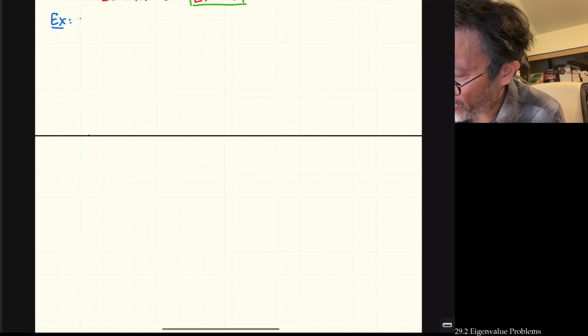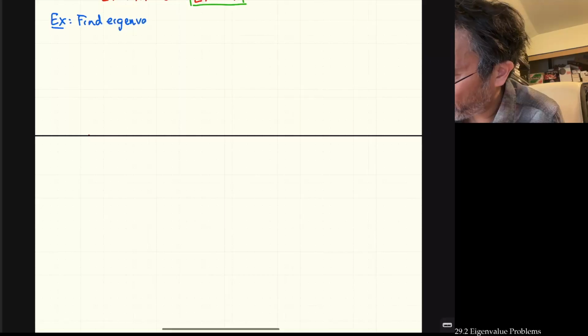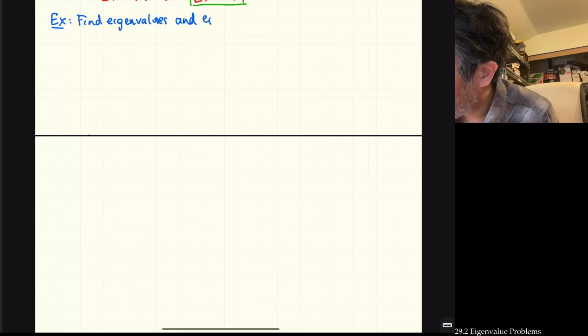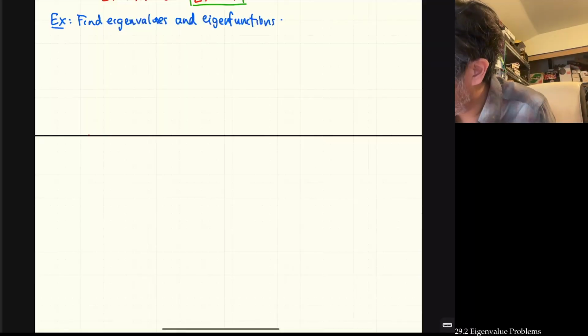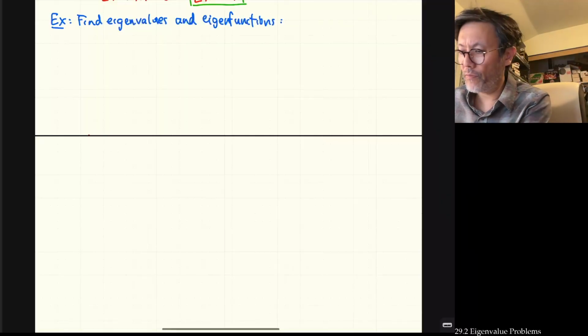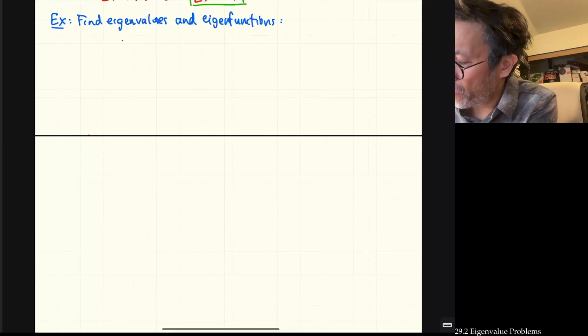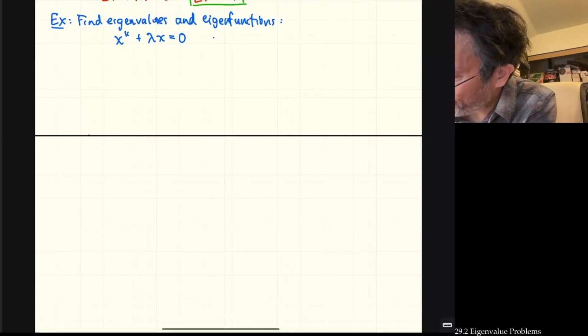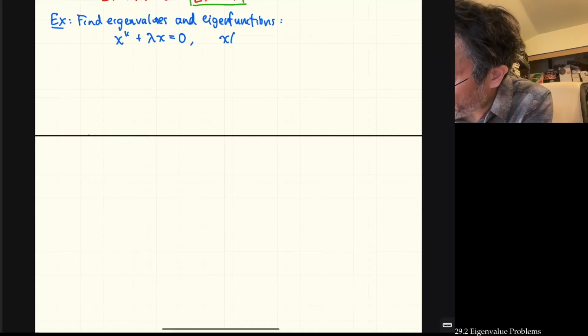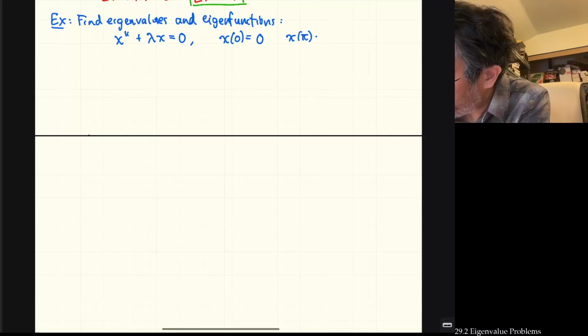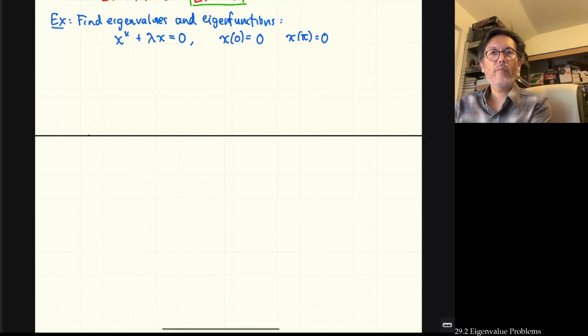So let's find eigenvalues and eigenfunctions for the eigenvalue problem x double prime plus lambda x equals 0, with x of 0 equal to 0, and x of pi also equal to 0.